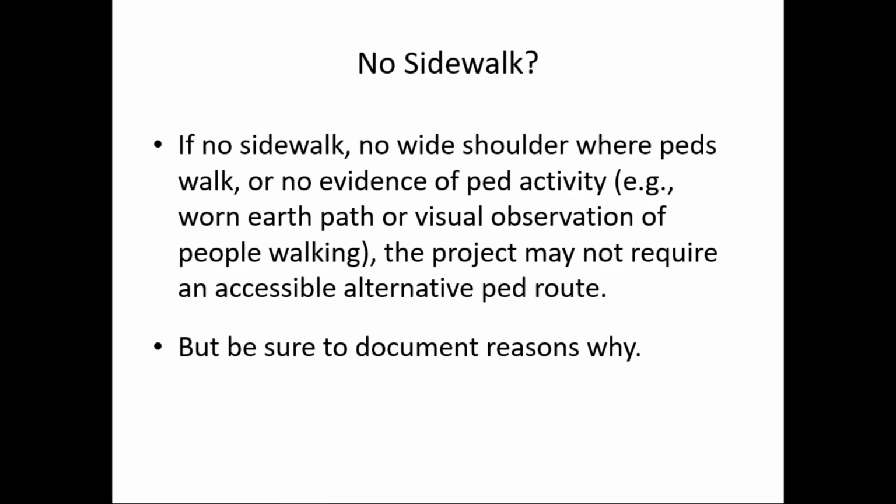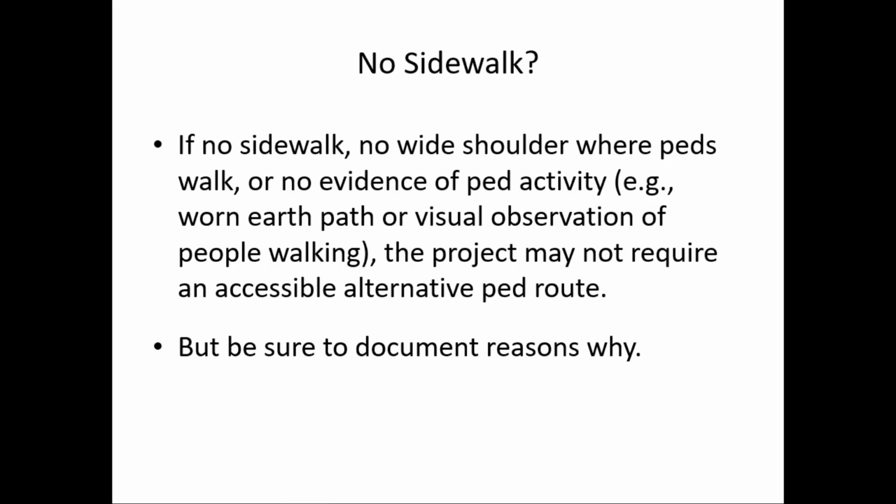Like maybe you were out at the location a month or two earlier doing some pre-construction work, and maybe you were there an hour or two and you didn't see any pedestrians walking along the road. I would make a note of that: I was here on such and such a day for this time and didn't see any pedestrians. Or maybe you look at the grass along the side of the road and it looks pristine.